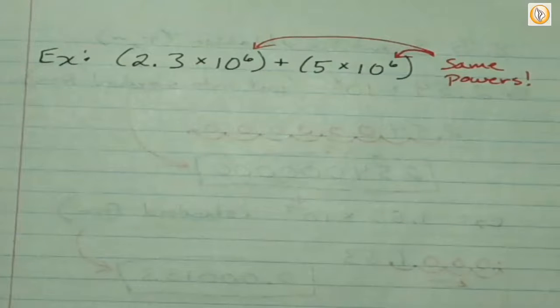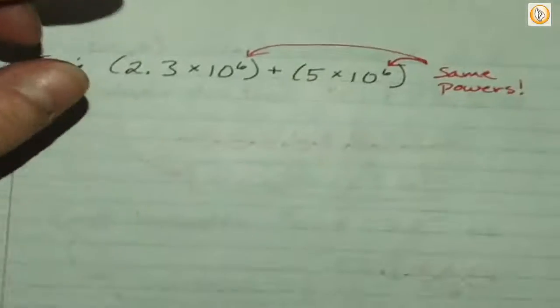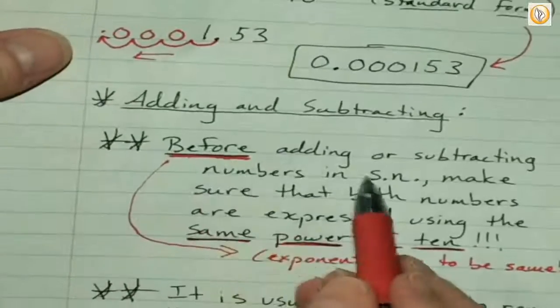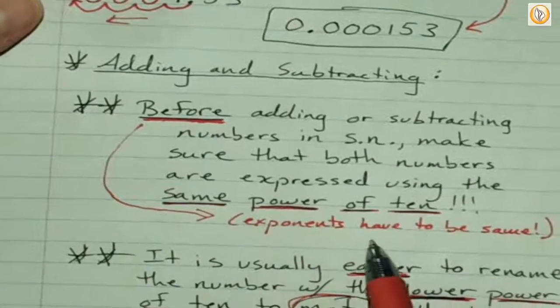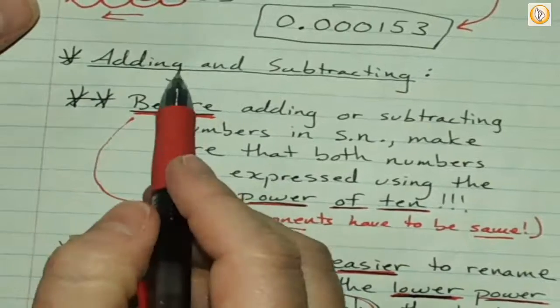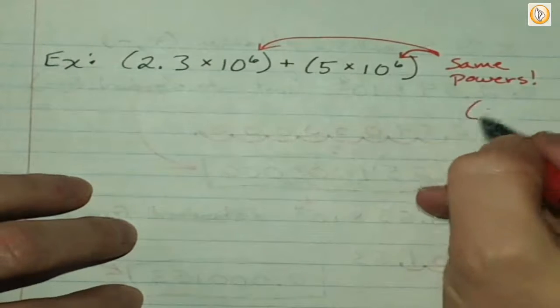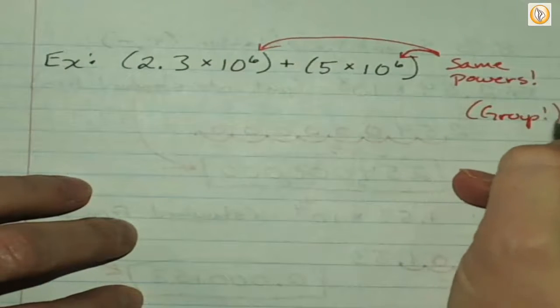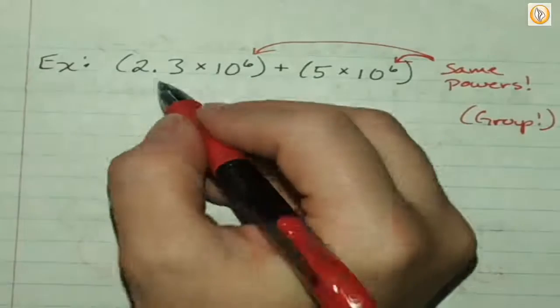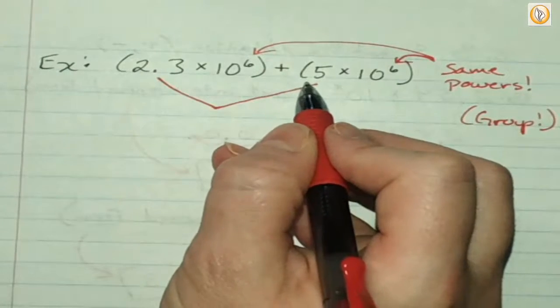All right, so just like multiplying, we're going to group. The first thing you check, again, before adding or subtracting, make sure the exponents are the same. Oh, look, they're the same. So now we're going to group 2.3 plus 5.